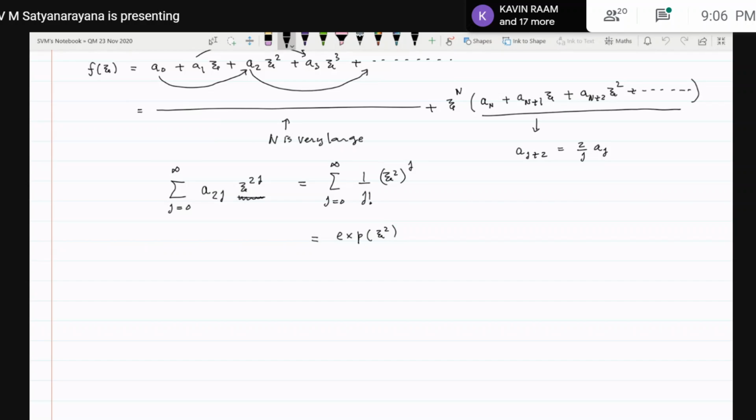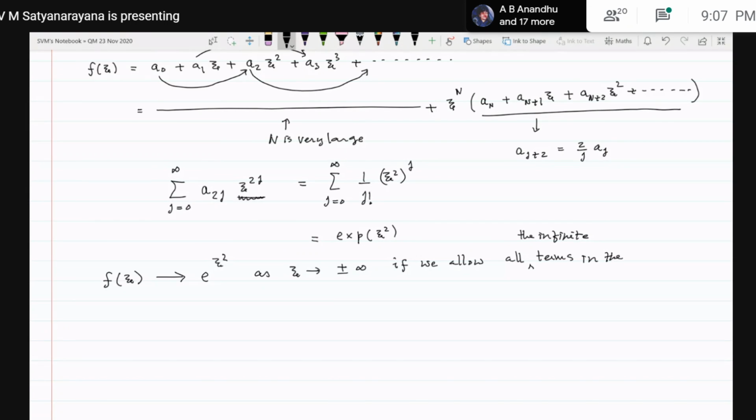As a result, what we can say is that this f of xi goes like at least like e to the power xi square as xi goes to plus minus infinity, if we allow all the infinite terms in the series.